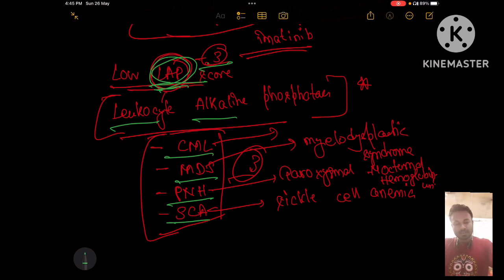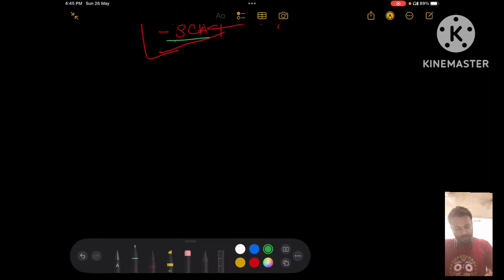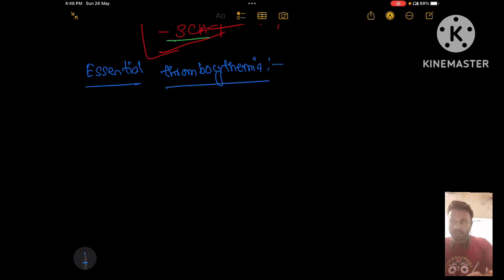Next is essential thrombocytosis or essential thrombocythemia, or primary thrombocytosis.